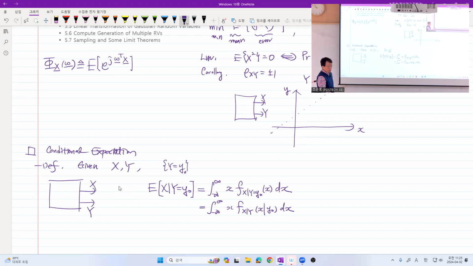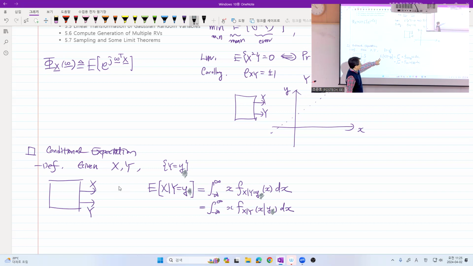So the conditional expectation can be simply rewritten by using the conditional PDF of x given y. Very simple. By the way, we usually drop y0 because this holds for all y. So here I delete subscript 0, which is what you usually see from the textbook.